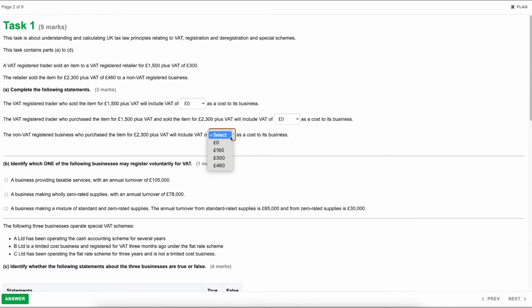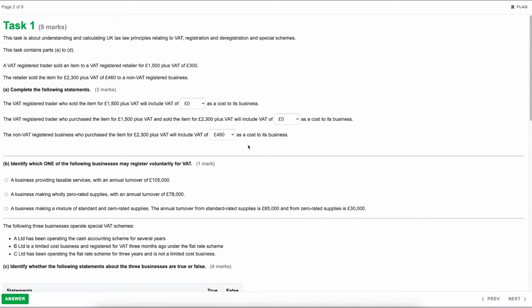So all we need to do for this one is calculate the VAT on £2,300. Now, we know this is at 20%, or it doesn't say anything about being reduced rate, so we can naturally assume that it is at 20%, and 20% of 2,300 would be £460.